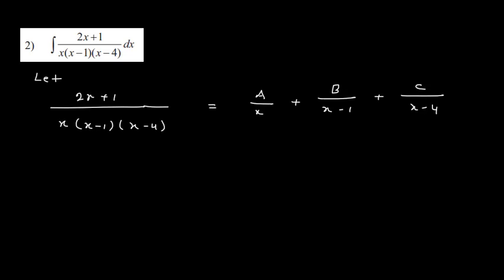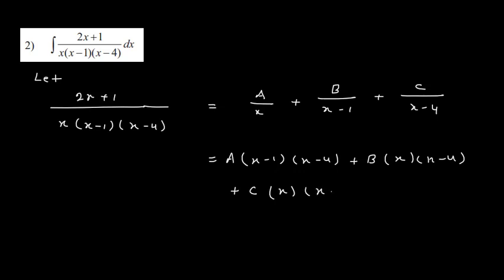First thing is that we will cross multiply and clear the denominators. Okay, so this side will become a times (x minus 1)(x minus 4), plus b into (x minus 4), plus c into (x minus 1).